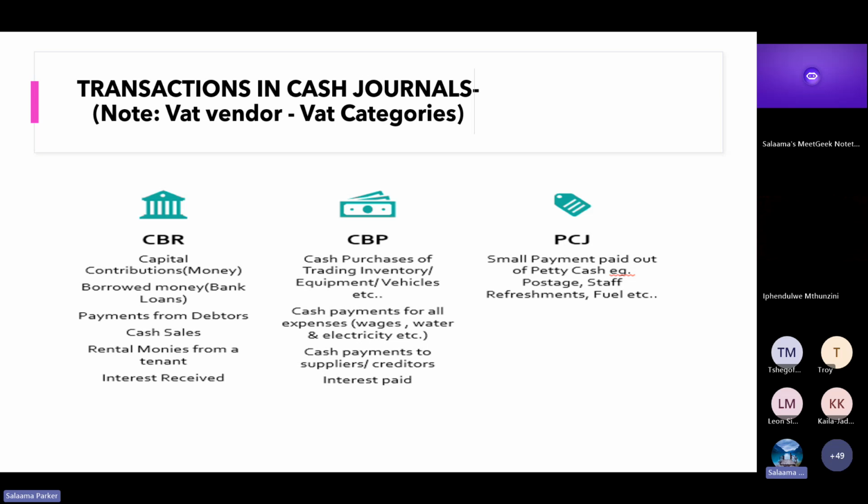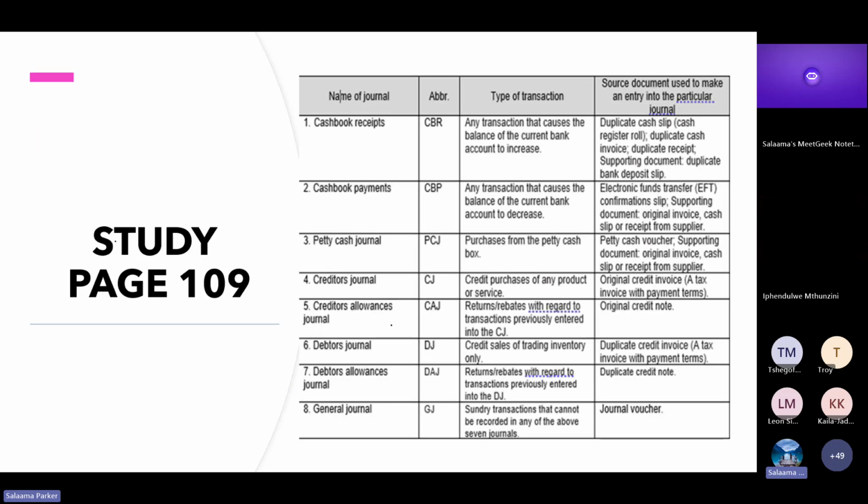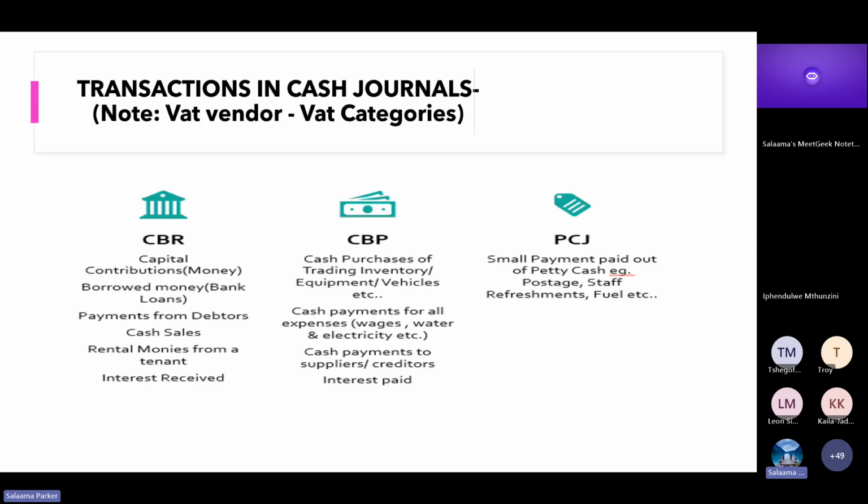So the cash book receipts, again, from the previous slide, any transaction that causes the balance of the bank account to increase. Okay, so capital contribution increases the bank balance of the business.